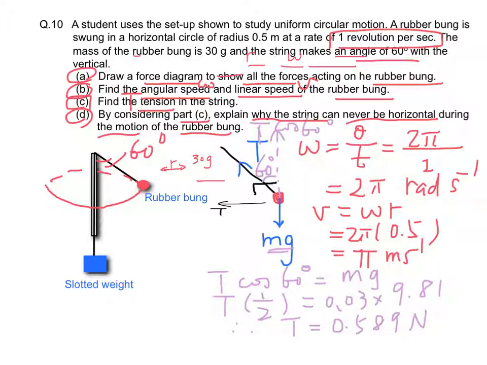In this case, there will be T cosine 90 degrees upward force due to the tension, which is equal to 0. As there is no upward force to balance the weight, therefore the string can never be horizontal.